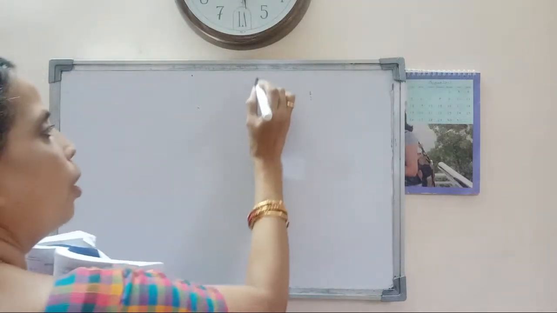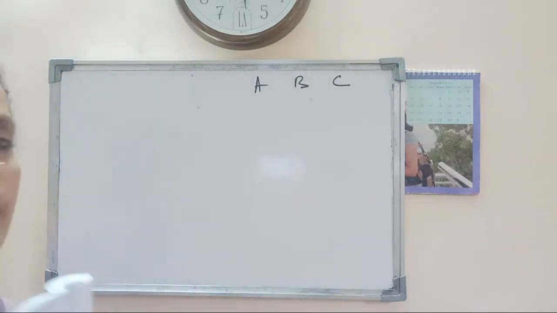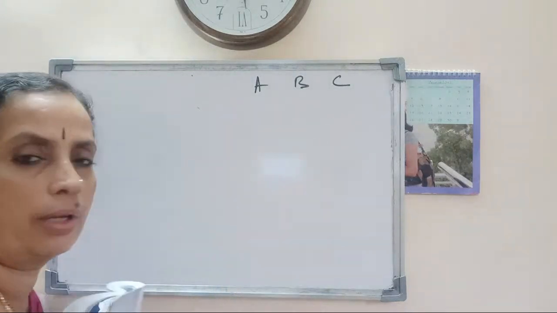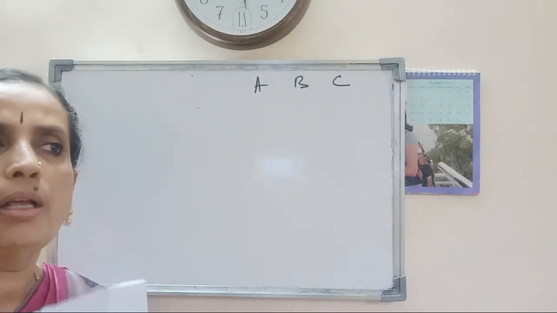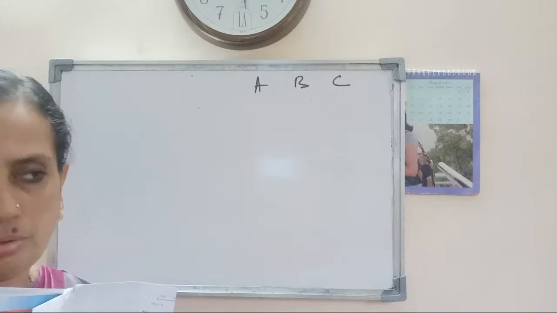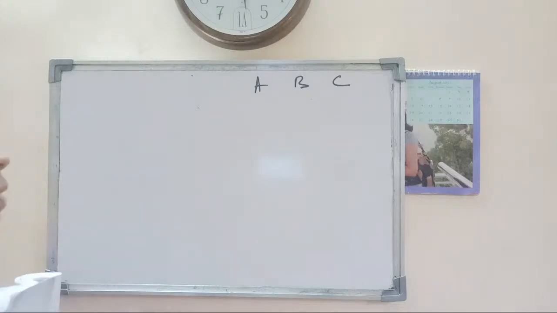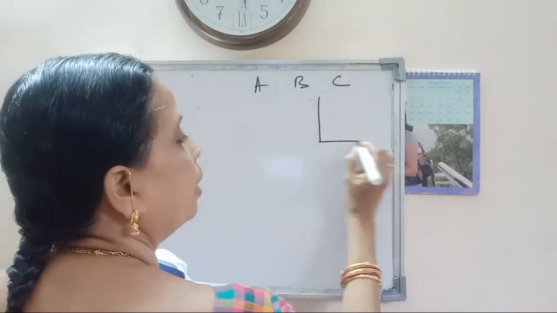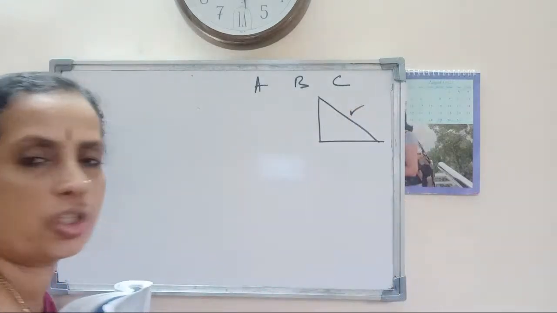The points are A, B and C. If you show that any two sides are equal and the sum of the squares of those two sides is equal to the square of the hypotenuse, then we consider them the vertices of a right isosceles triangle.